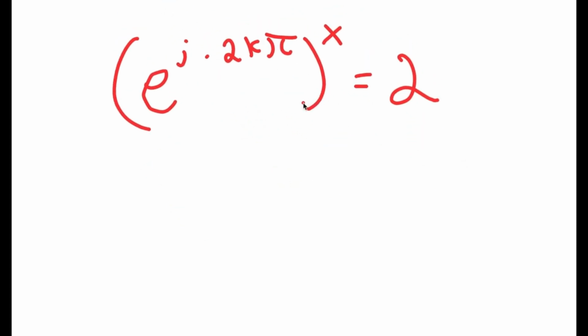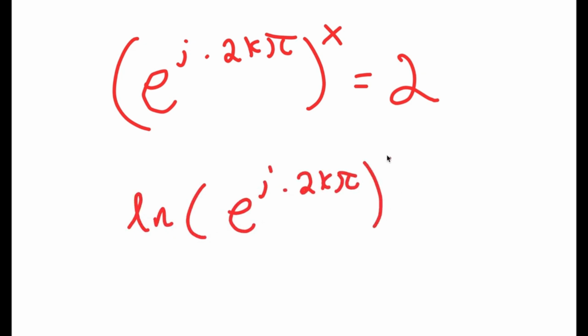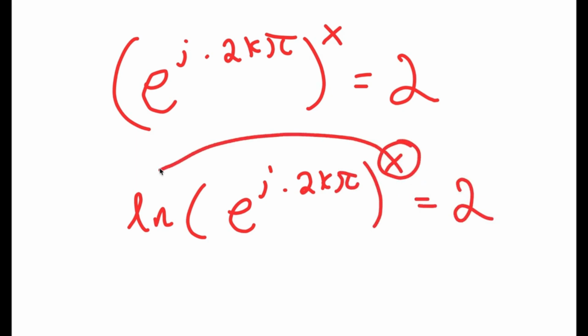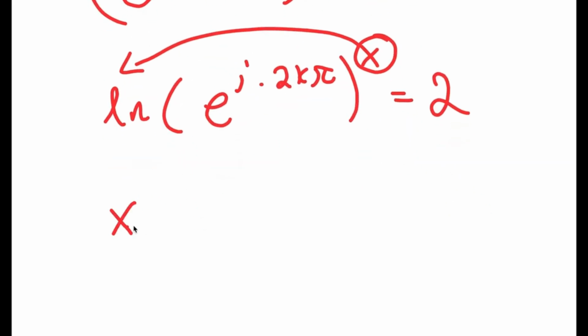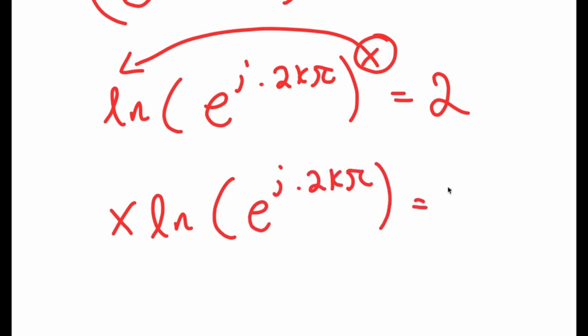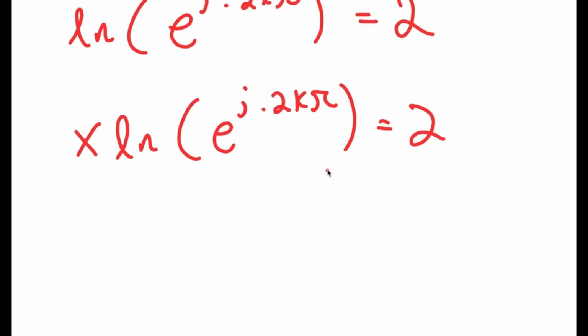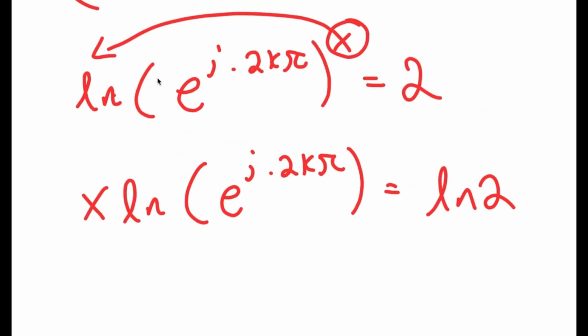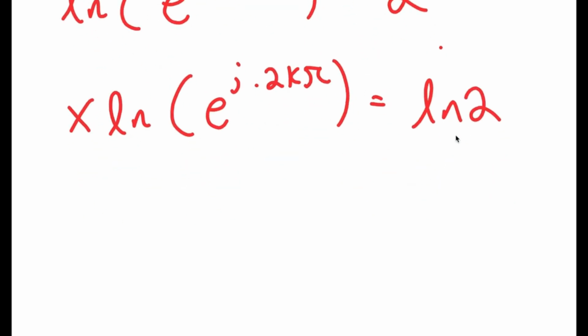And now, with this, I'm going to take the ln, or natural log, on both sides. So I have ln of e to the power of i times 2k pi, all to the power of x, is equal to ln of 2. So I'm going to now bring this x down using the property of natural logarithms. So I get x times ln e to the power of i times 2k pi is equal to ln of 2, because if you take ln on one side, you have to do the other side.